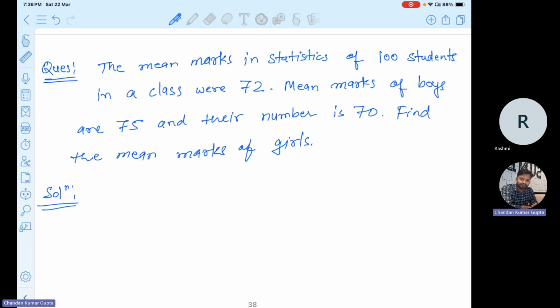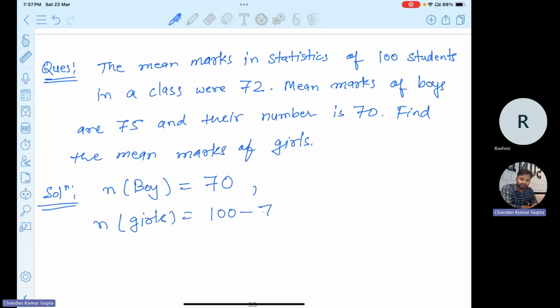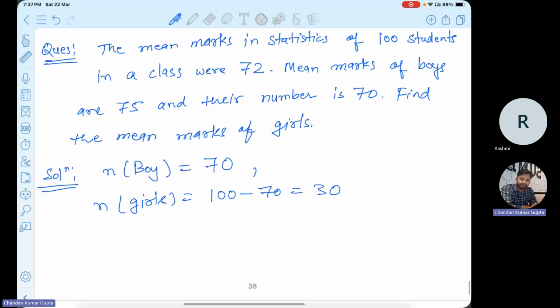So here the number of boys is 70, and the number of girls is 100 minus 70, because there are 100 students in total. So it is 30 students. For simplicity, suppose we write N1 and N2. The mean marks for boys is 75. Let's call it X1 bar.